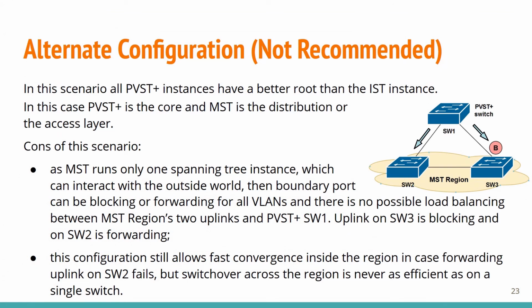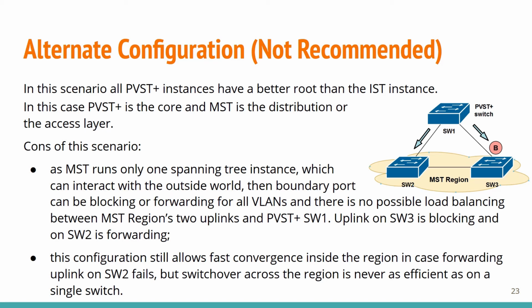Alternate configuration, which is not recommended. In this scenario, all PVST Plus instances have a better root than the IST instance. In this case, PVST Plus is the core and MST is the distribution or the access layer. There are 2 cons of this scenario. First one, as MST runs only one spanning tree instance which can interact with the outside world, the boundary port can be blocking or forwarding for all VLANs, and there is no possible load balancing between the MST region's 2 uplinks and the PVST Plus SW1 switch.